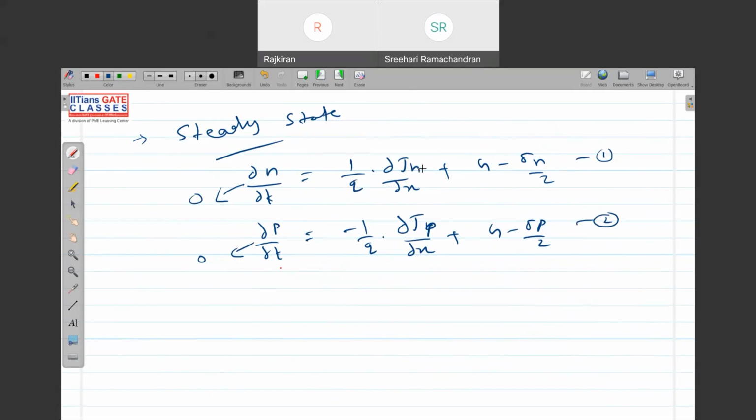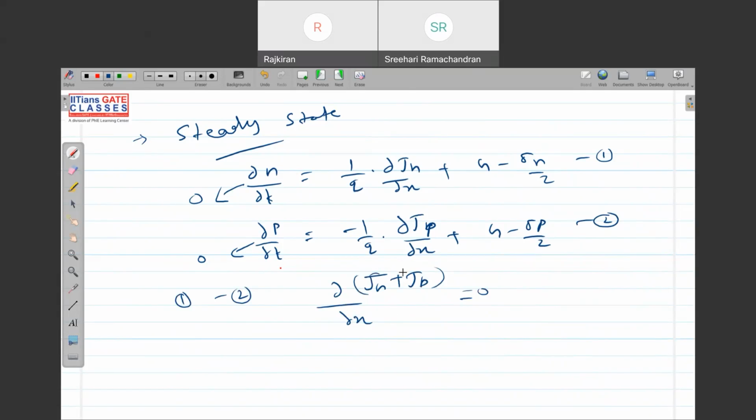So since both are equal to 0, in steady state, if you do 1 minus 2, it will be d of (Jn plus Jp) by dx equal to 0, right? So what is the meaning of this? In steady state, the current is constant through the device.